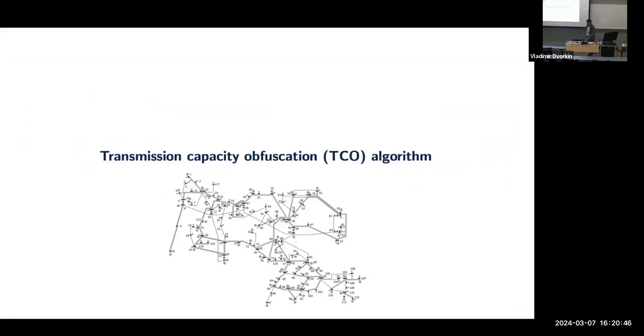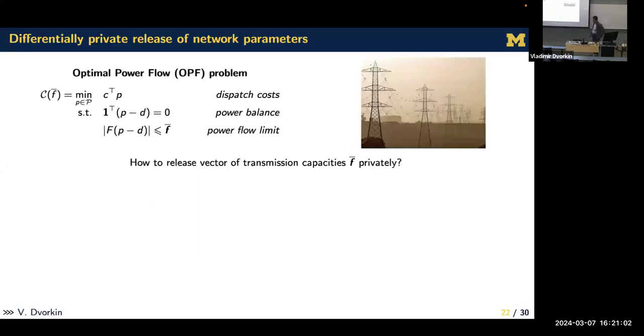And the second algorithm is for transmission system obfuscation. So we have this graph, we have transmission lines, where the capacity of a transmission line is very sensitive information that is not available to us. The question is how we produce a high quality synthetic version of it.